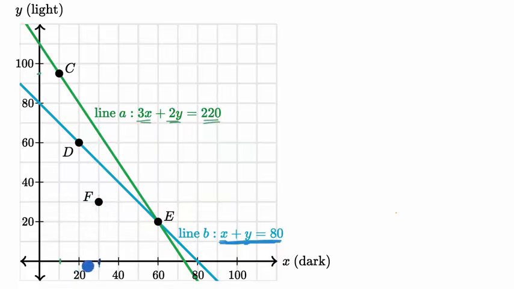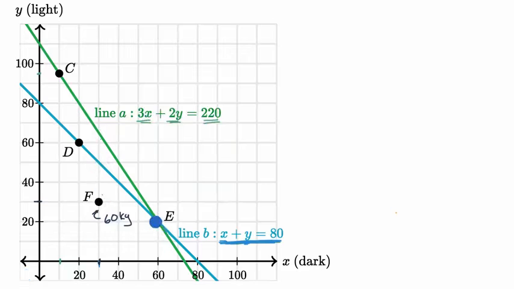It looks like she is using 30 kilograms of dark and 30 kilograms of light. So this is a situation where she's using 60 kilograms in total, not 80. And so that's why we're not sitting on this blue line. And if you look at how much she's spending, she has 30 kilograms of each. So 3 times 30 plus 2 times 30, that's going to be 90 plus 60, which is also less than 220. And so that's why we see this point is below these lines.